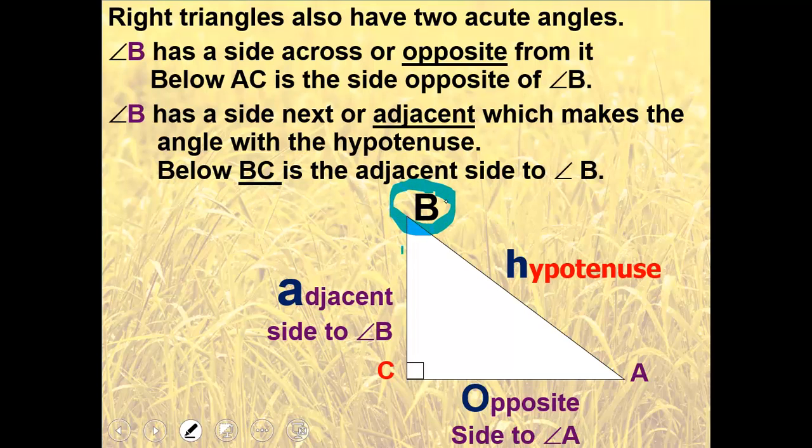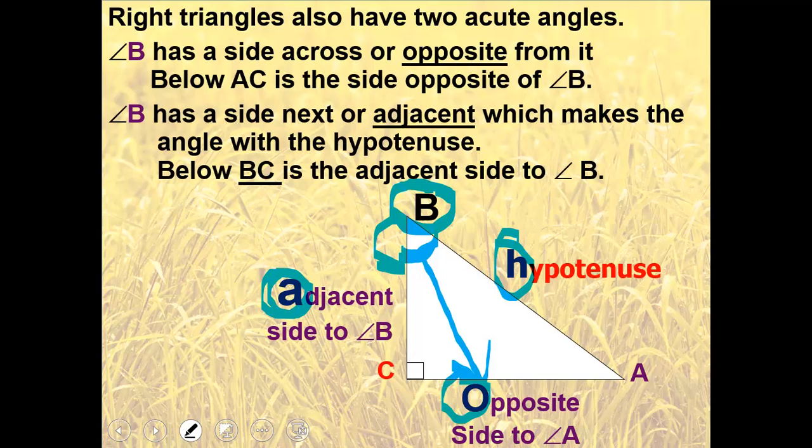Now we're focusing on angle B. It also has a side opposite to it or across from it. Call it O. And it has a side that's adjacent to it. Call it A. So we have an O, an A, and an H. We're going to use O, A, and H for trig ratios and trig functions. So let's get used to seeing those.